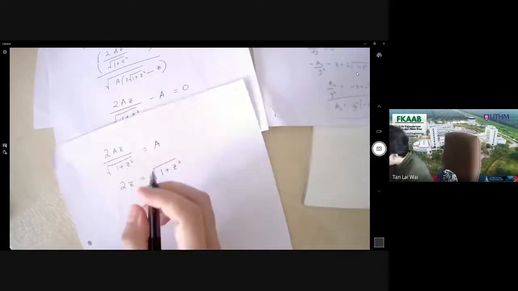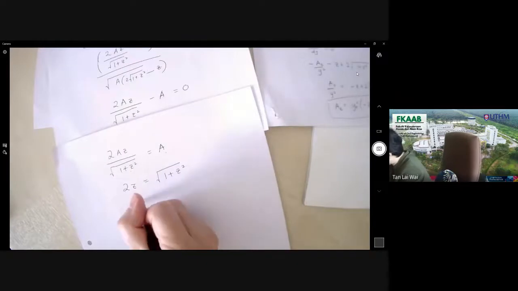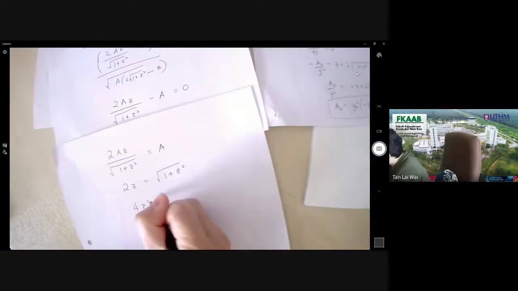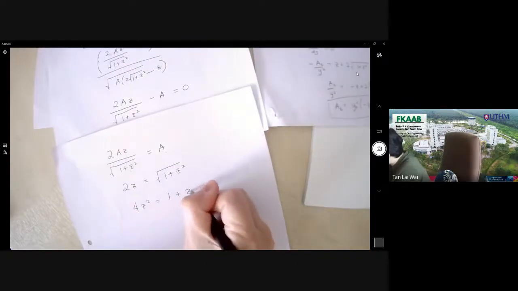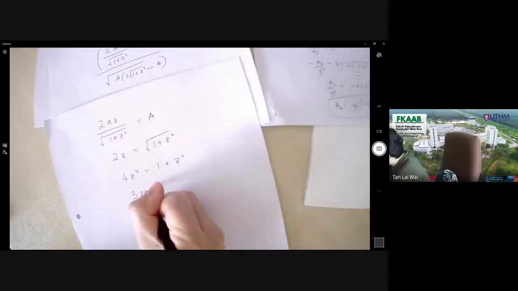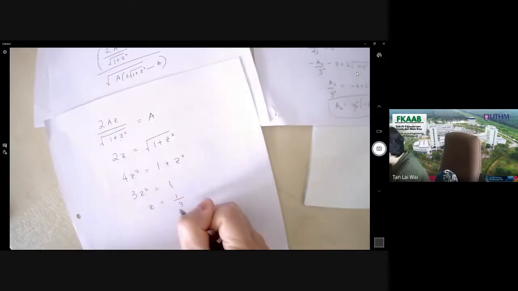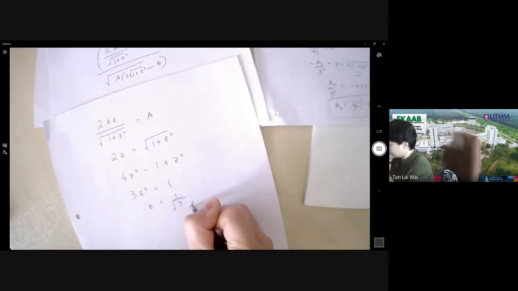I'm going to square both sides. I'm going to have, because square root on both sides.